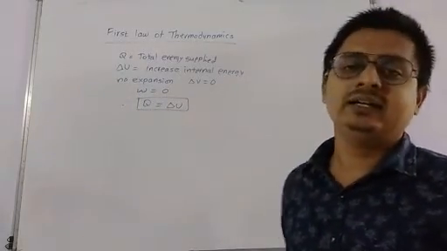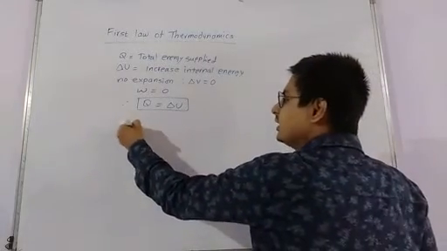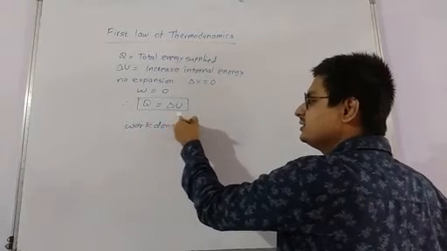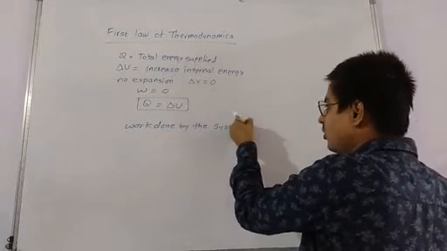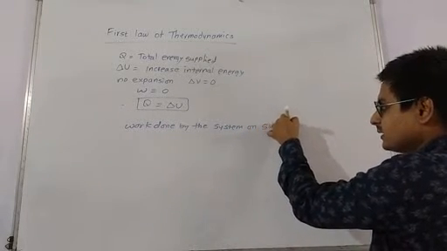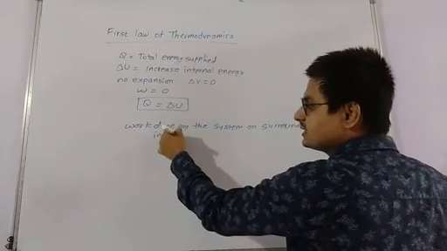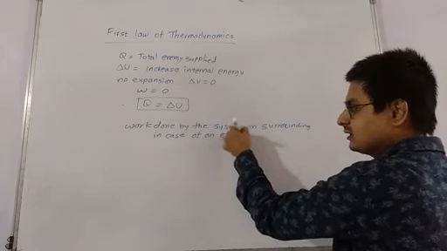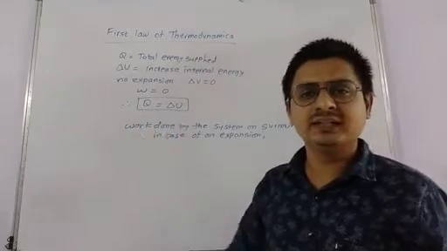On the other hand, if there is no supply of heat but work is done by the system on the surrounding, in case of an expansion, that means volume increases.